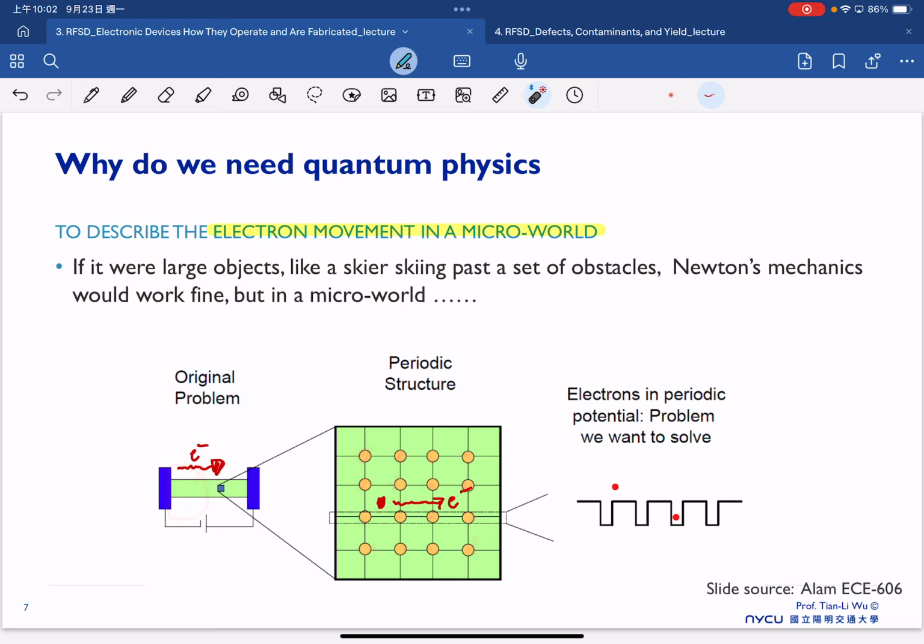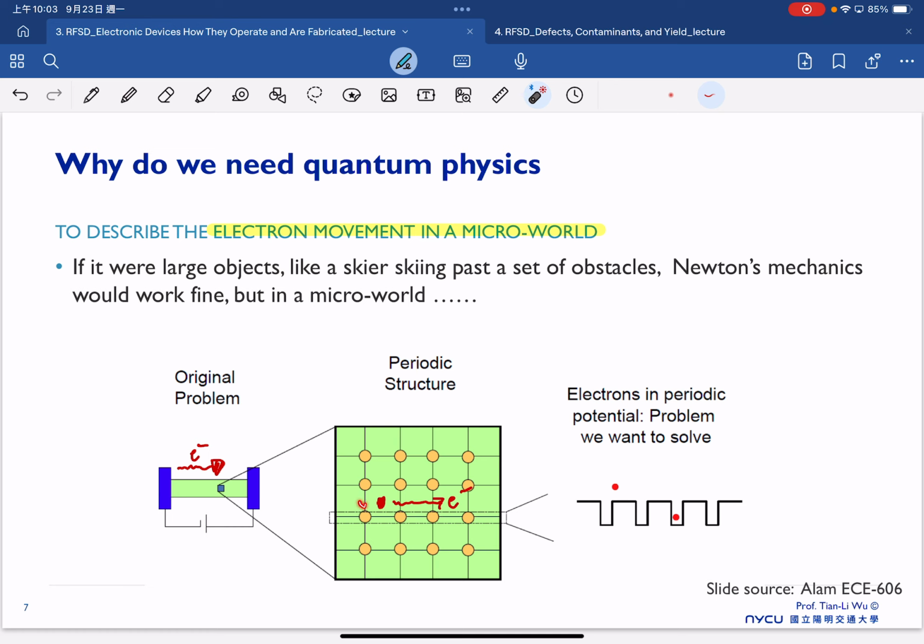Now if a free electron wants to move in this region, what issue will it face? In the eyes of this electron, it will see a lot of interactions, especially the potential interaction with each atom.